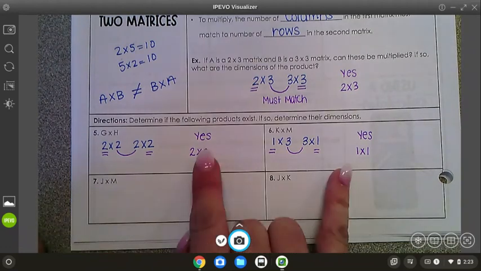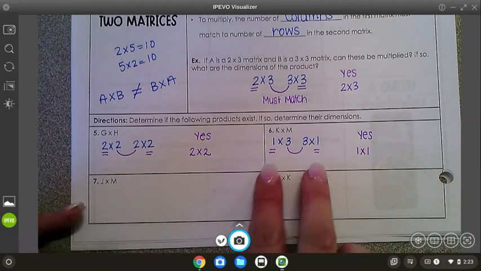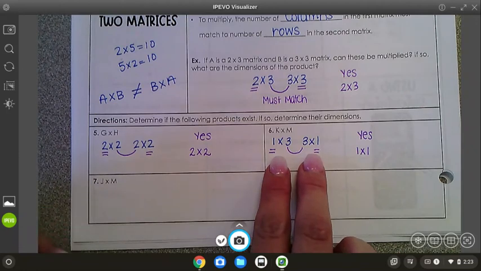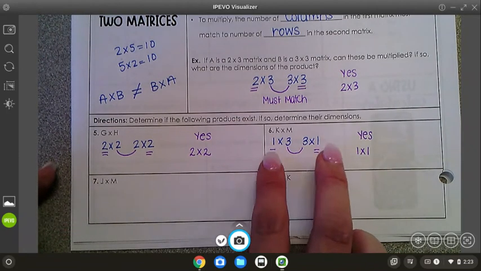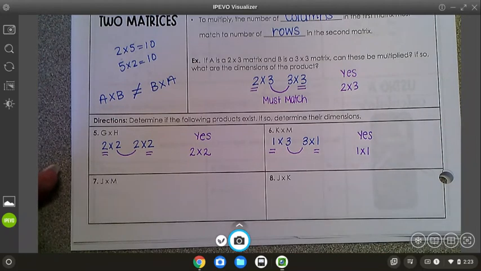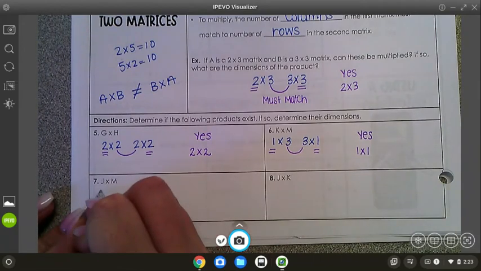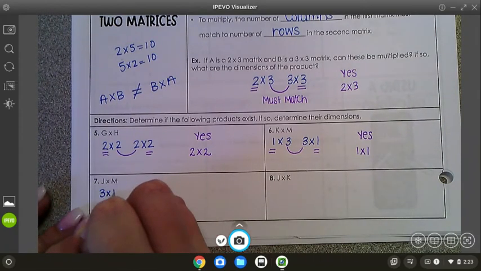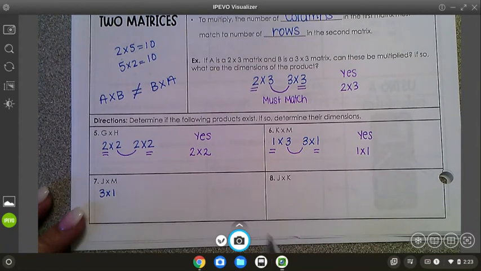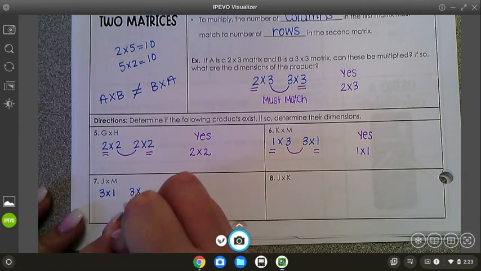Both of these examples we have, these outside numbers do match, but just remember, they don't have to. It's okay if they do, but they don't have to match. J is a 3 by 1 matrix, and M is also a 3 by 1.